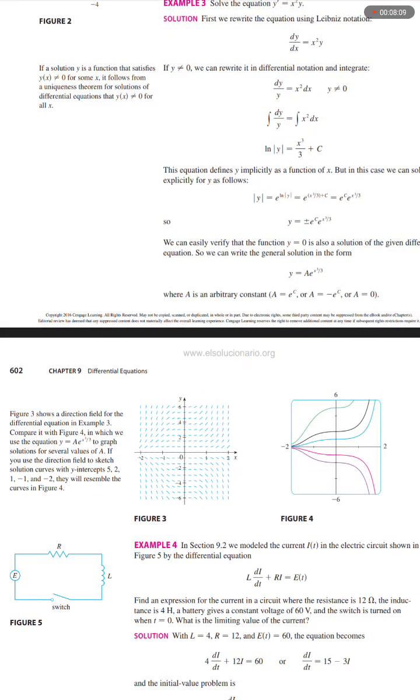Compare it with figure 4, in which we use the equation y equals big A times e to the power x cubed over 3 to graph solutions for several values of big A. If we use the direction field to sketch solution curves with y-intercepts 5, 2, 1, -1, and -2, they will resemble the curves in figure 4. See figure 3 and figure 4.